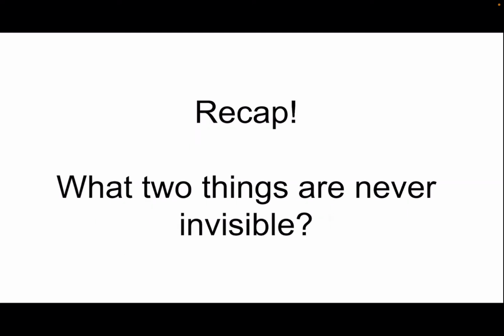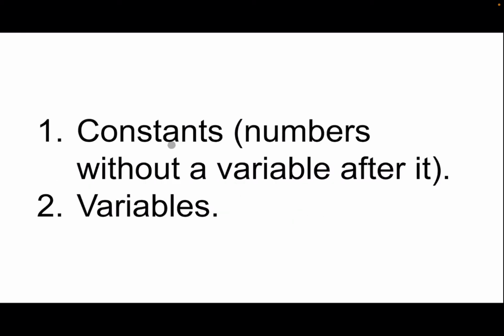So what are the 2 things that are never, ever invisible? Well, it's the constant, which is the number that does not have a variable after it. So that's never invisible. And variables. If you don't see the variable there, it's not invisible. It's just not there. There is no variable.